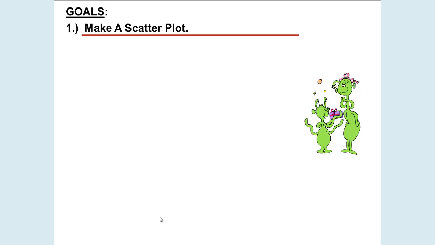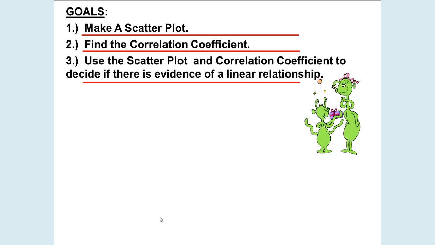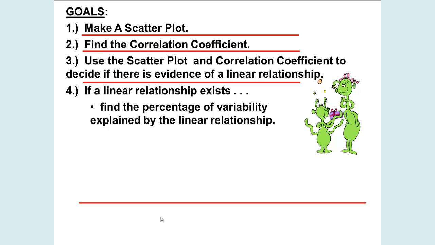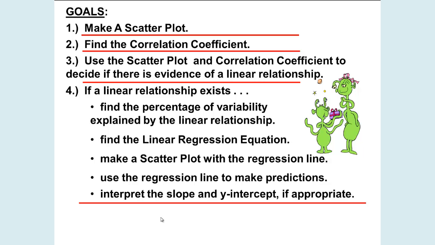Well, our goals are to make a scatter plot, to find the correlation coefficient, to use the scatter plot and correlation coefficient to decide if there is evidence of a linear relationship, and if a linear relationship exists, to find the percentage of variability explained by the linear relationship, find the linear regression equation, make a scatter plot with regression line, use the regression line to make predictions, and interpret the slope and y-intercept if appropriate.